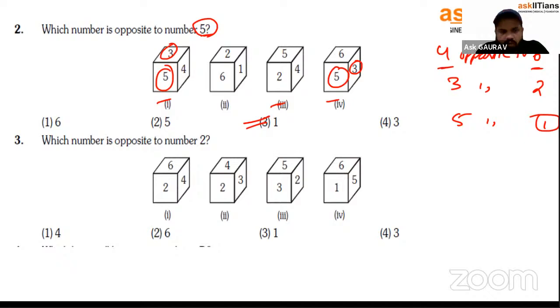Okay then, do question number 3. Which number is opposite to 2? Observe all those positions, write this information, then it will be very clear to you.